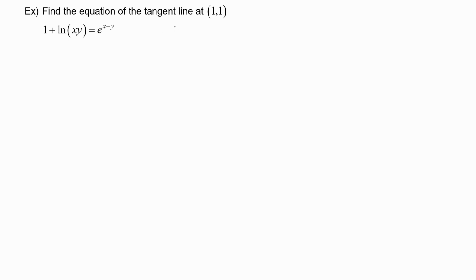Now, to find the equation of the tangent line, we know that we need a point, which we have, and a slope. And the slope of the tangent comes from the derivative, so that's going to be dy dx, and we will need to evaluate that at the point 1, 1.